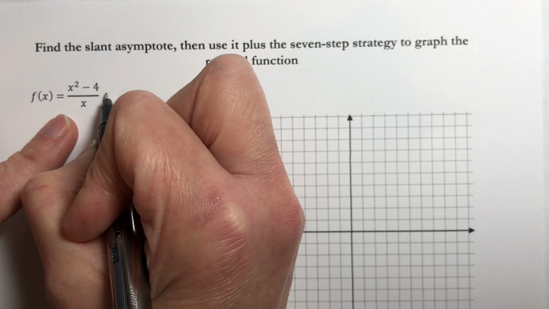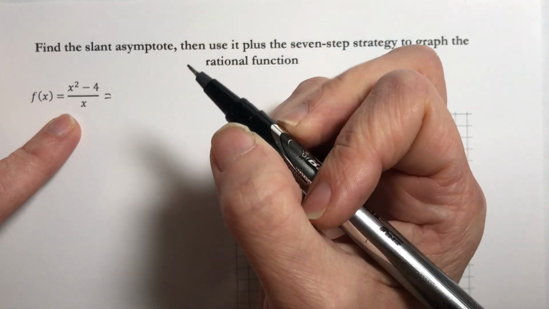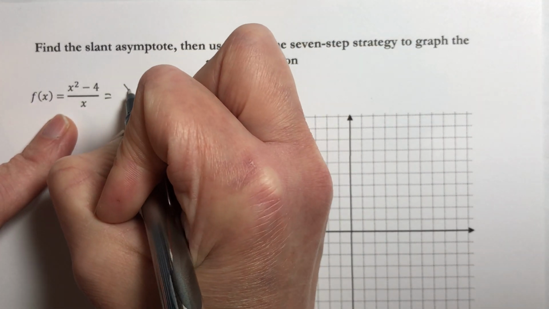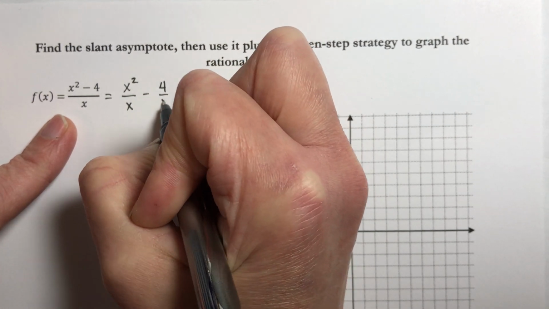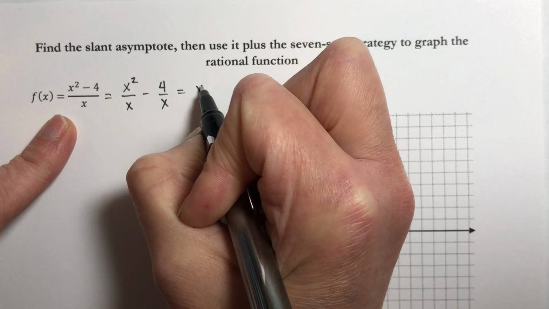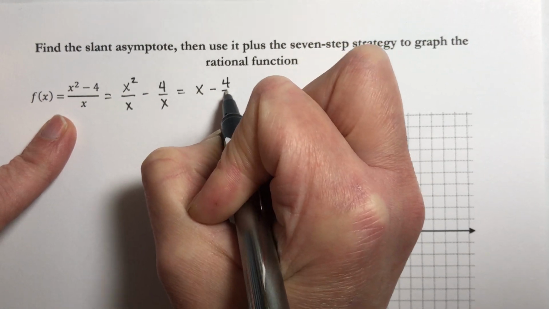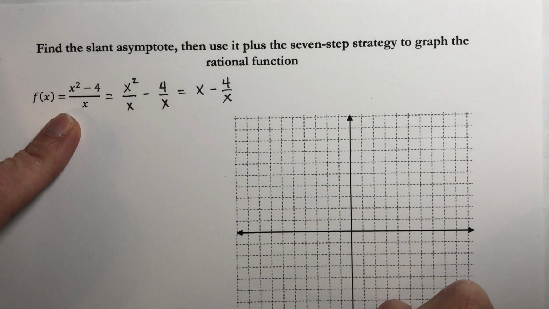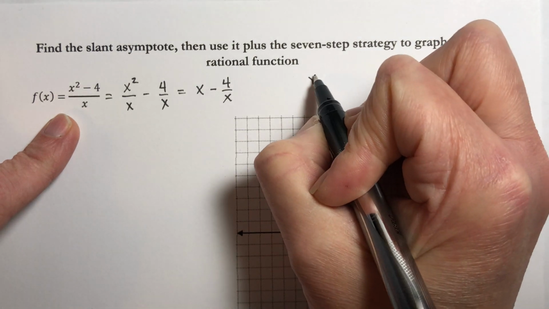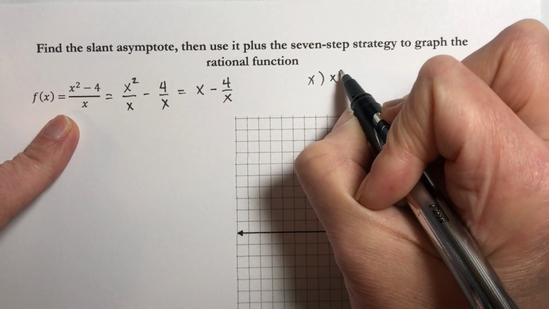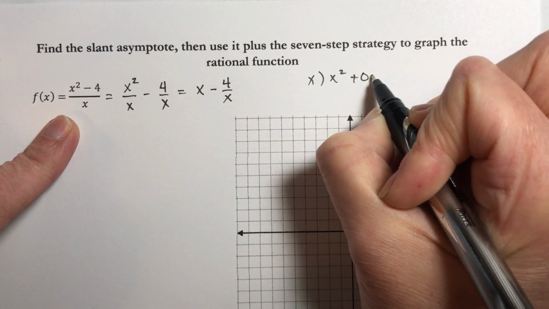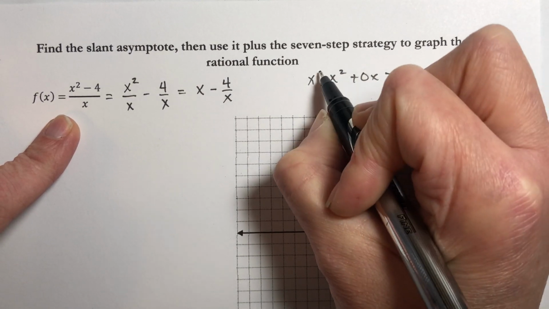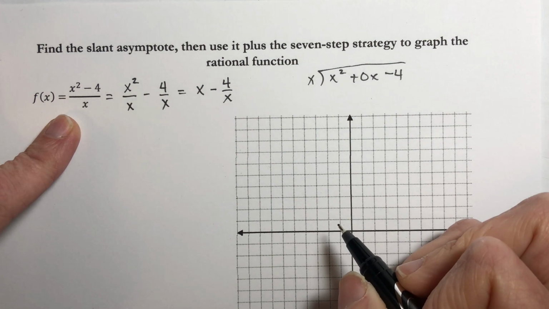One method here would be, because I have a monomial on the bottom, I could write this as x squared over x minus 4 over x, which simplifies to x minus 4 over x. I also could have done a long division, and I would have ended up with the same thing.